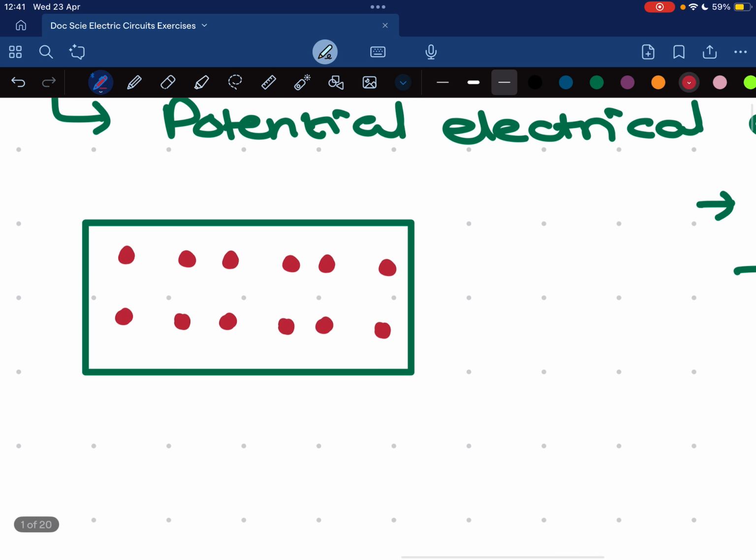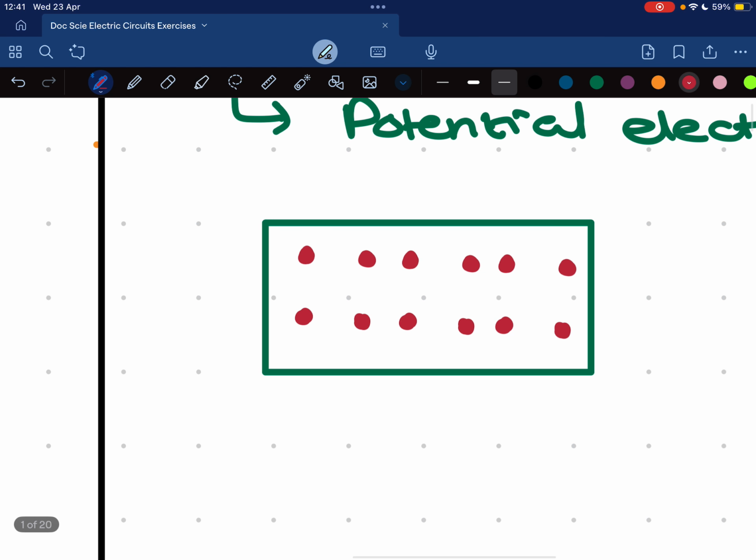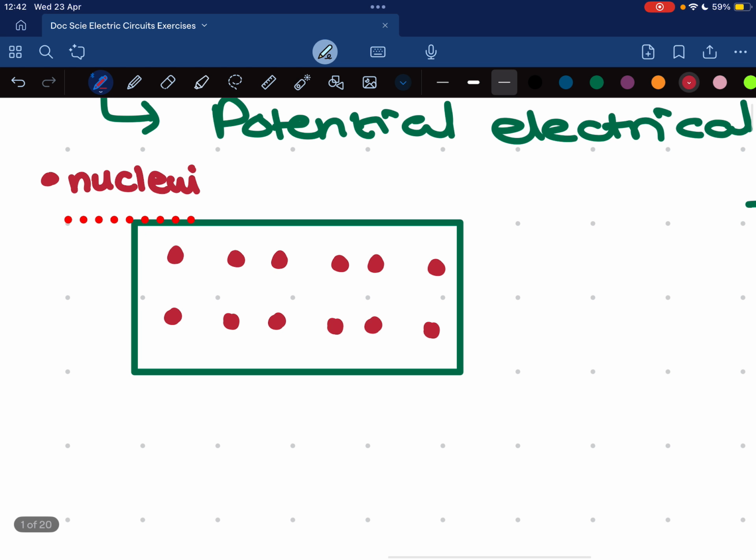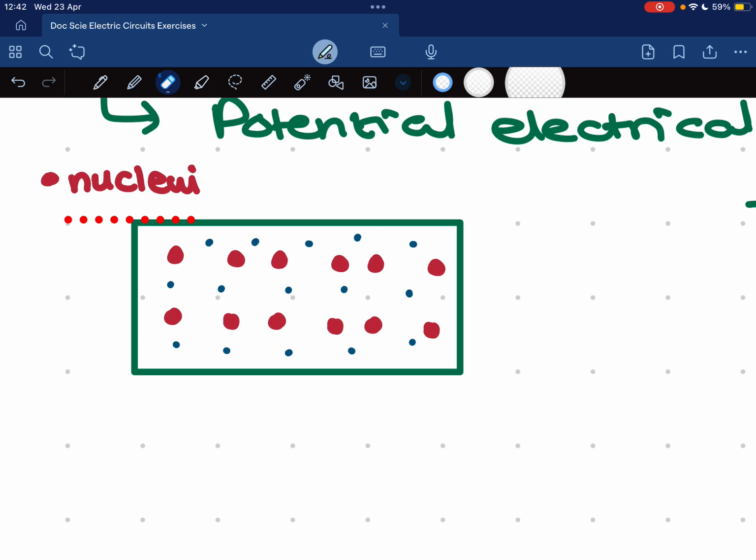So those positive kernels are technically the nuclei. Then the electrons are scattered throughout the metal, and they are able to move from one side to the other side, right?